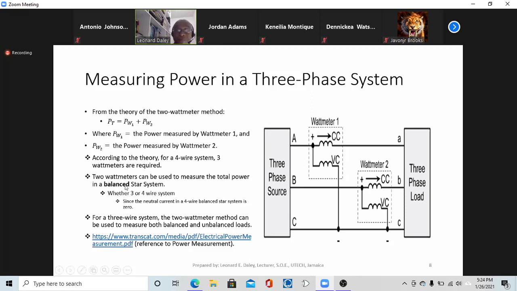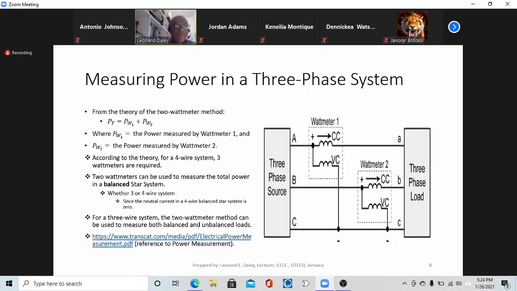But I must say that for a star system, which would be where you have the 4-wire system, if the system is balanced, then you can use the 2-watt meter method, because no current will be flowing in the neutral conductor in that case.